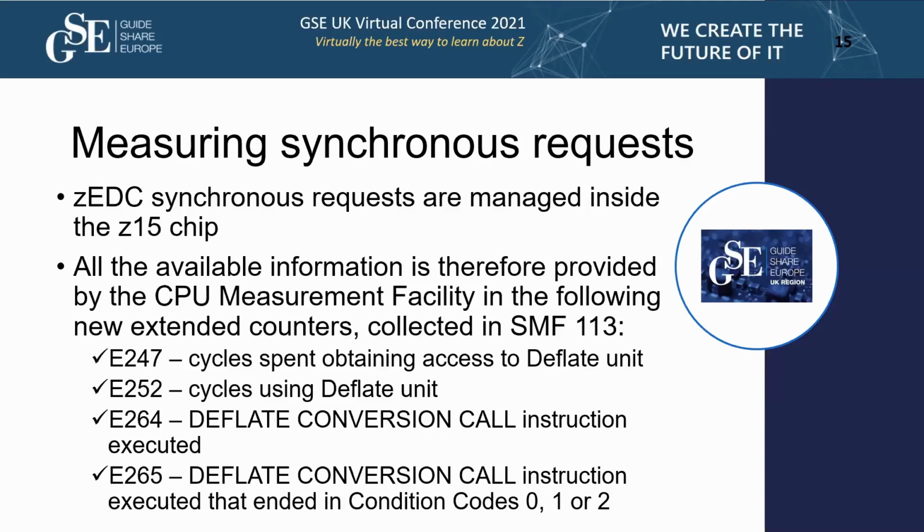So it's very important to know how many cycles we are using both to access the deflate unit and also when using the deflate unit, which is the next counter, E252. Other 2 important counters are E264 and E265, which provide information about the compression and decompression requests executed.